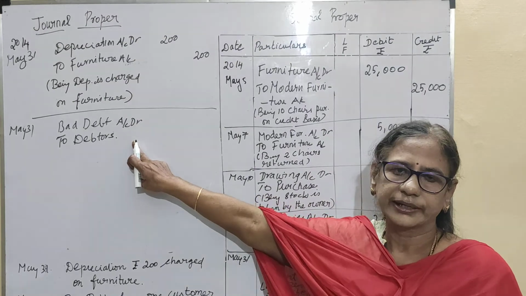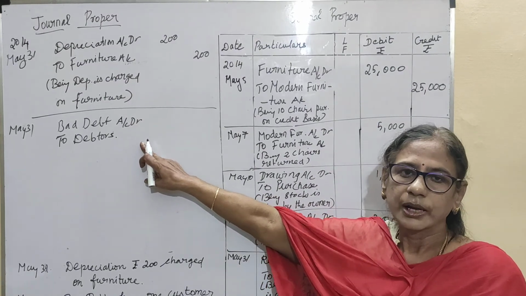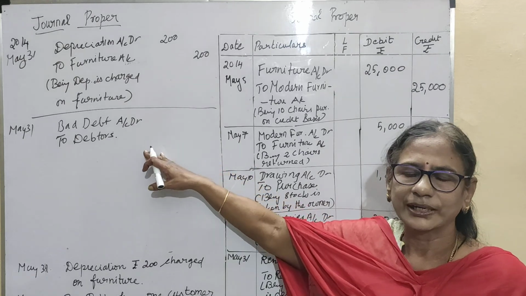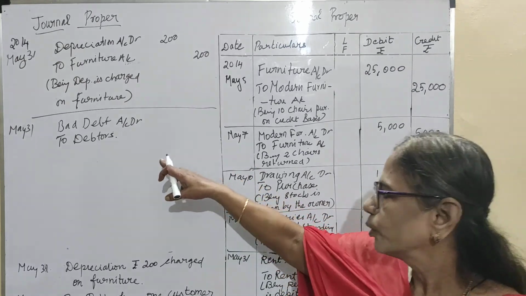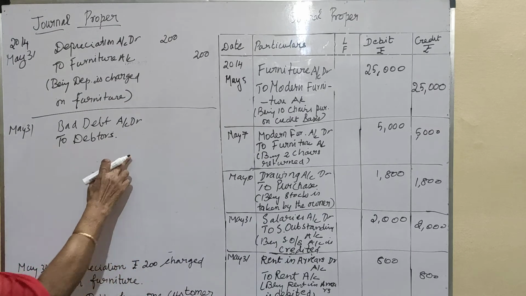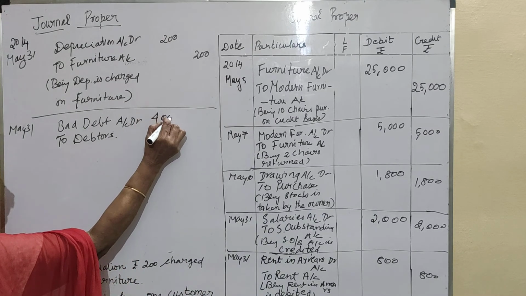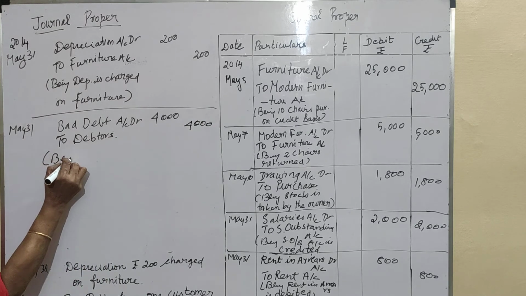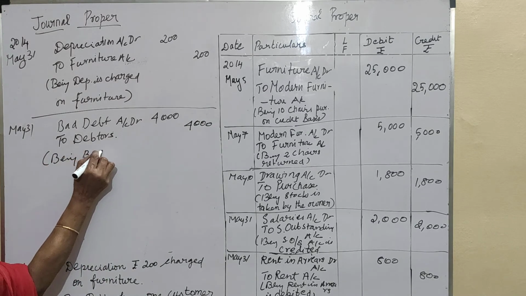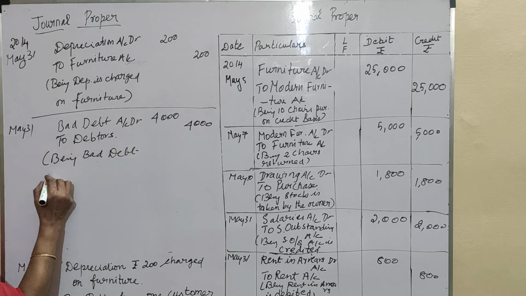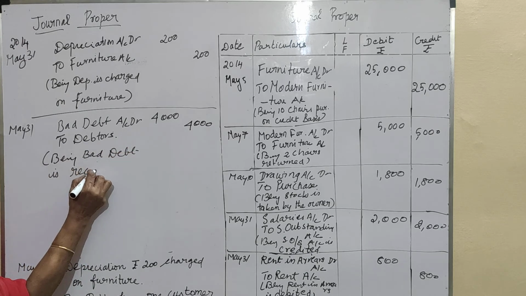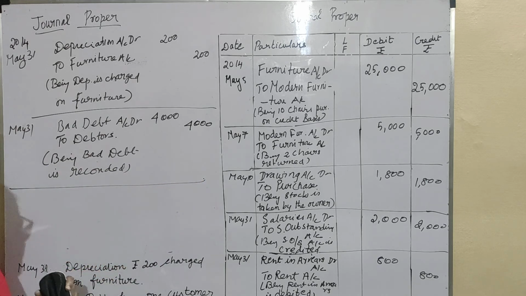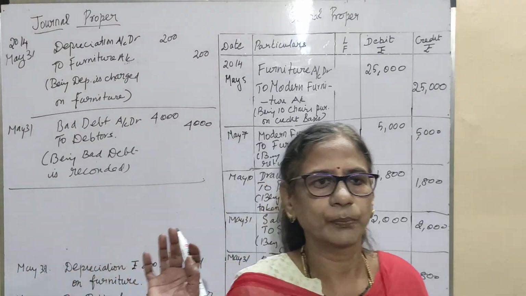Otherwise, all the debtors are assets of the company, and should be debited. Because the debtor is reducing in value, we are writing on the credit side. Being bad debt is recorded. Likewise, these journals are entered in the journal proper book.